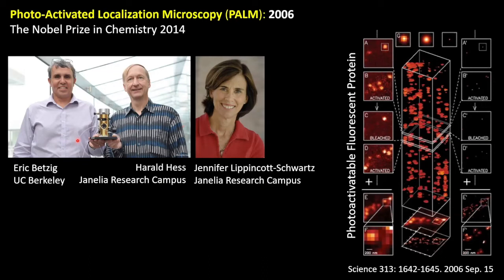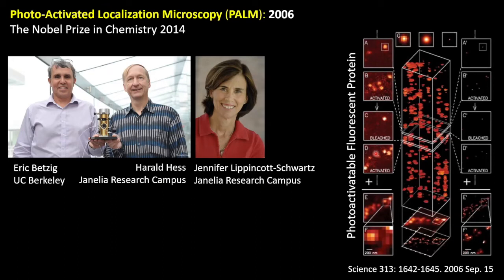So the idea is this: an interesting property of the protein is that it can be switched on and off by using different wavelength lasers. In this case, for example, you can see from A, B, C, D, and so on. By imaging this protein-labeled sample, you can turn it on, then bleach it, and then turn it on again.